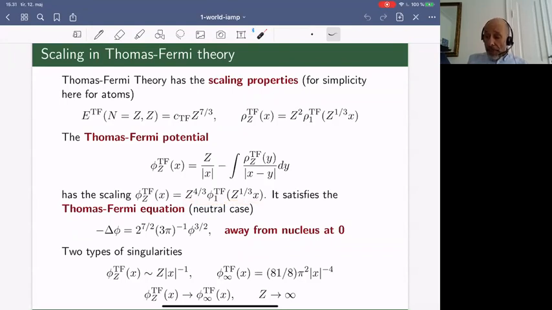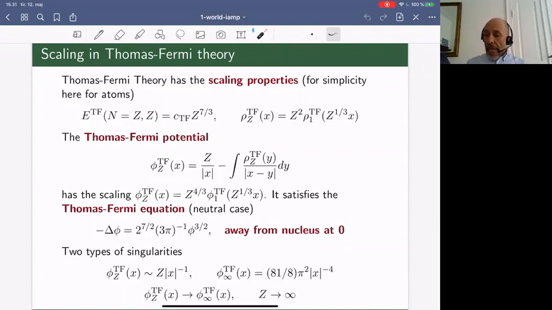Now the Thomas-Fermi potential, if you think of the Euler-Lagrange equation for the Thomas-Fermi functional when minimizing the Thomas-Fermi problem, then the absolute minimizer, if you minimize without any constraint, you don't fix the integral of rho, you just minimize, then the absolute minimizer will be the neutral atom.